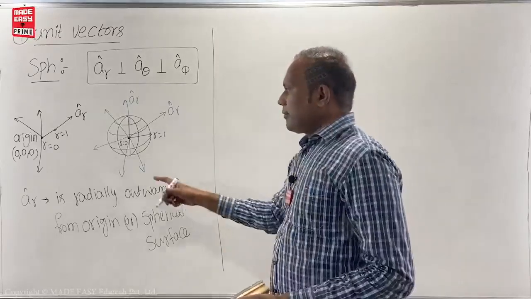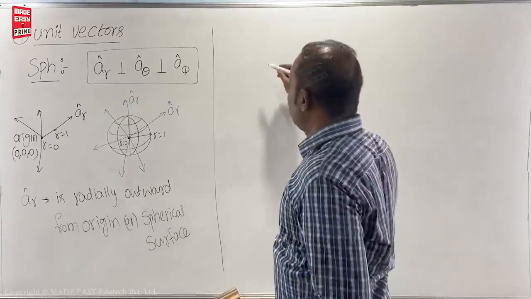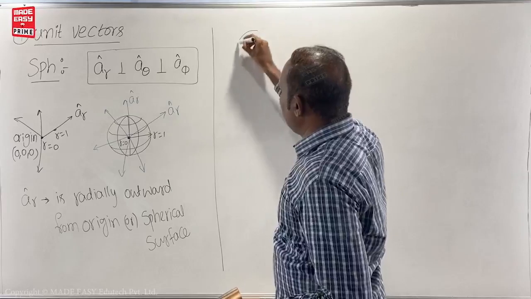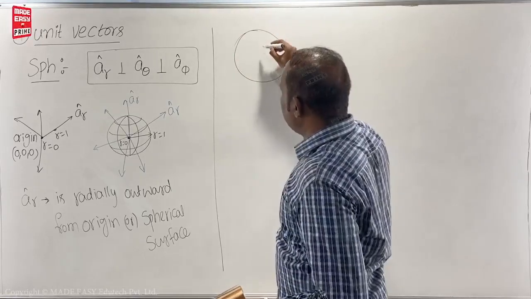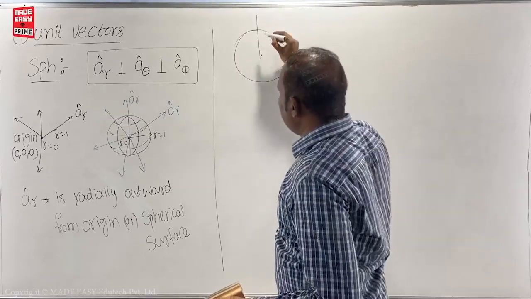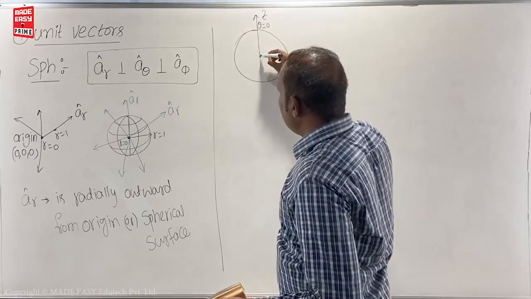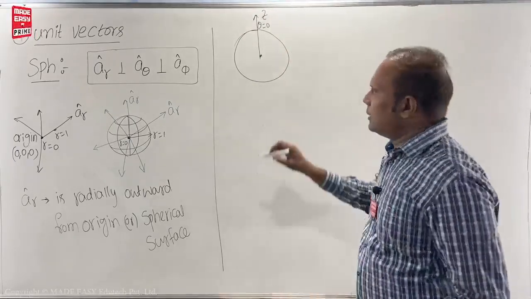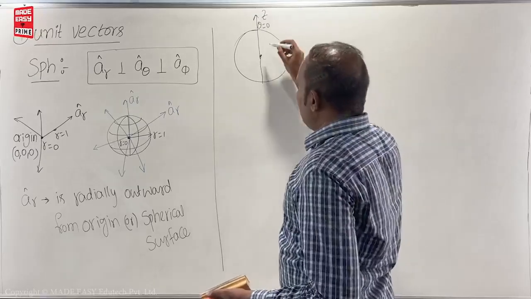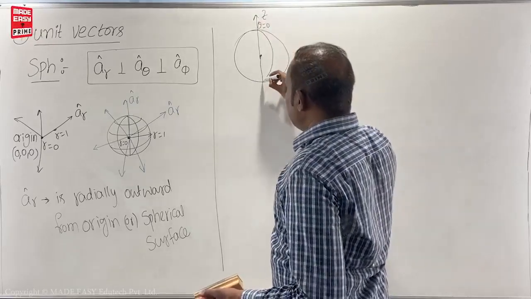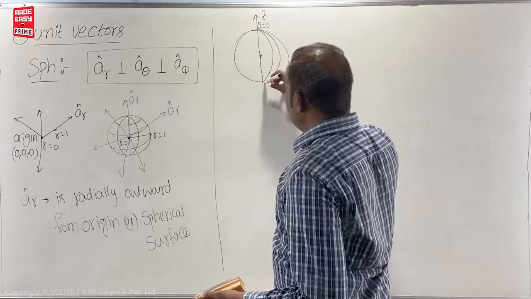Now let us talk of A theta. Students, I told you already, if you take a sphere like this, then this is the z-axis. On the z-axis, theta is 0. Now you take vertical circles like this.